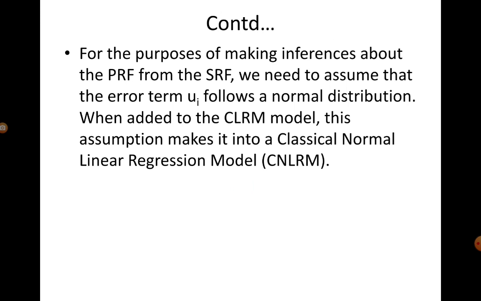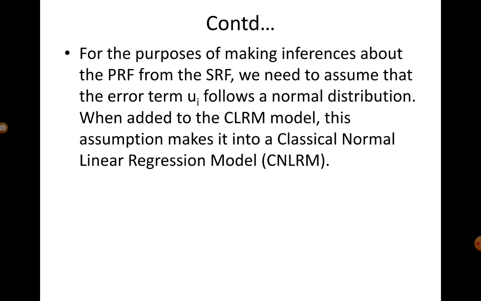So for the purpose of making any sort of inference about the population regression function from the sample regression function, we need to make some assumptions about the probability distribution followed by the error term ui.